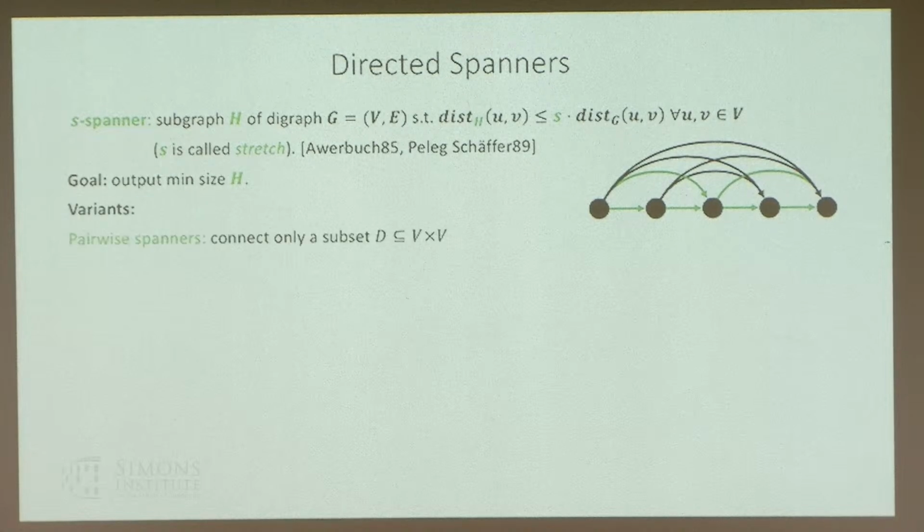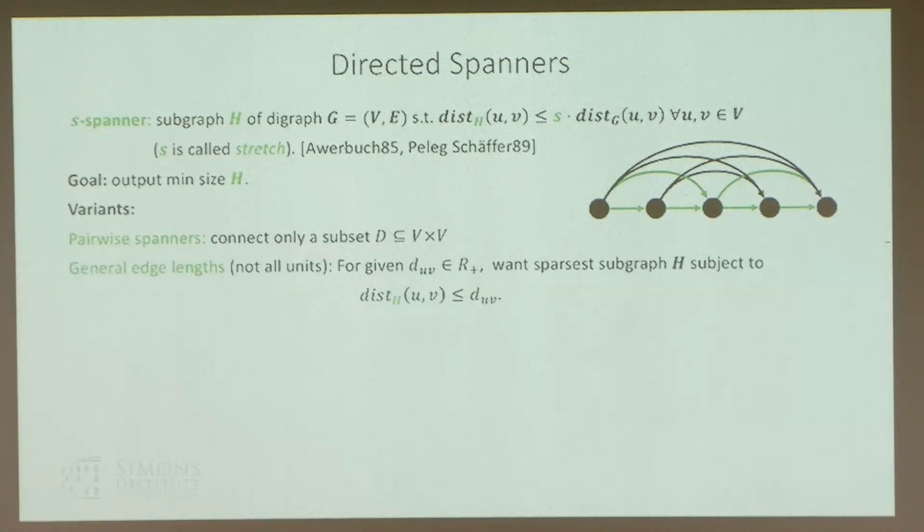Okay, so there are many, many variants. There are pairwise spanners, where we don't need to connect all the pairs, but we just need to connect a set of pairs that is given to us in advance. There are spanners where the lengths are not just units, but general lengths.